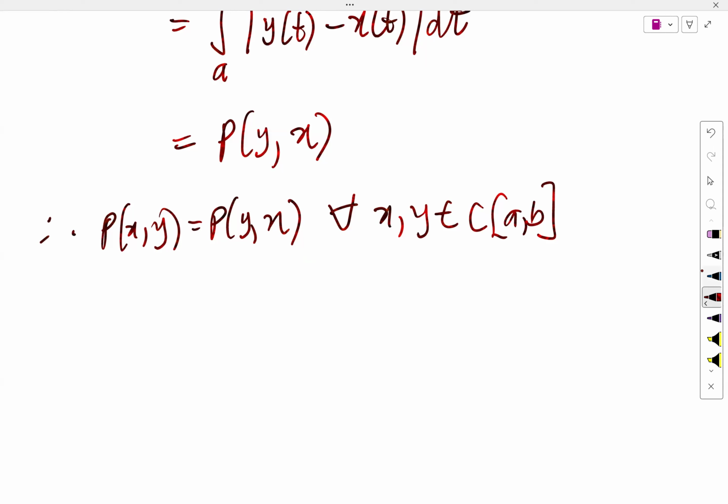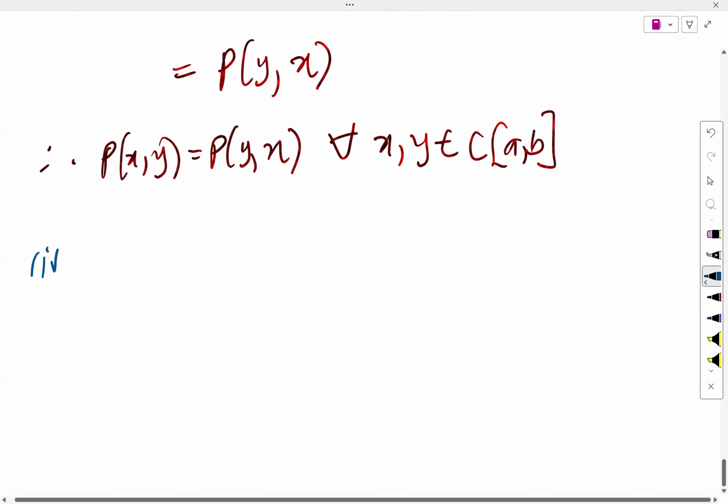So we have the last one to go, which is the triangle inequality. Here we can apply the same thing we have been doing.